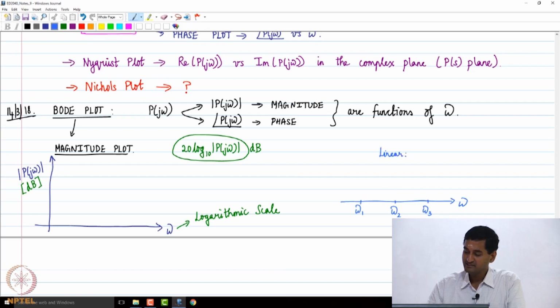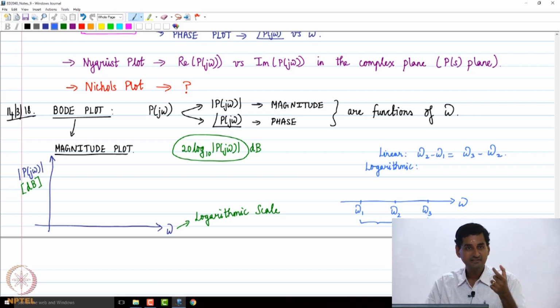What it means is that omega 2 minus omega 1 is going to be equal to omega 3 minus omega 2, right? On the other hand, if I use a logarithmic scale, what can I interpret? So these are equidistant, so the distances are equal.